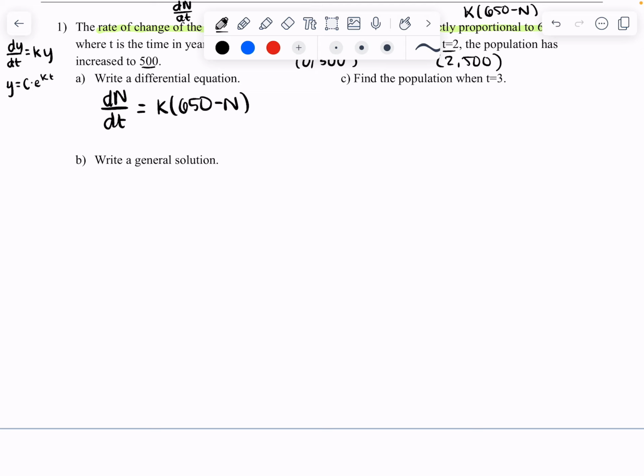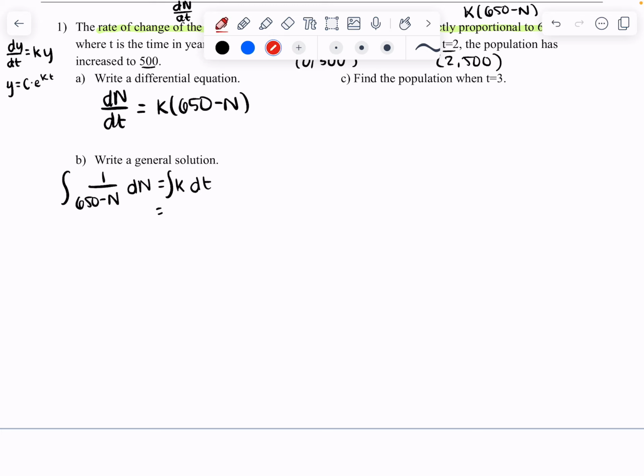So write a general solution. We're going to separate the variables first. I'm going to divide both sides by 650 minus N. I'm going to leave the k on the right-hand side, and I'll have dt. Now we're going to integrate both sides. When we integrate the 1 over 650 minus N, I'll do the full u substitution off to the side.